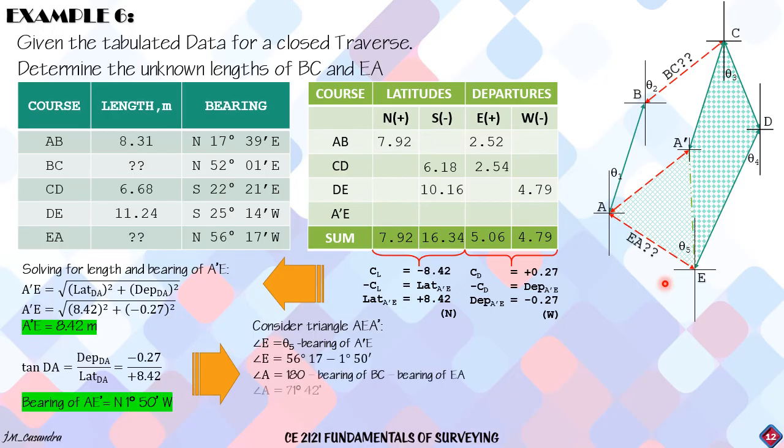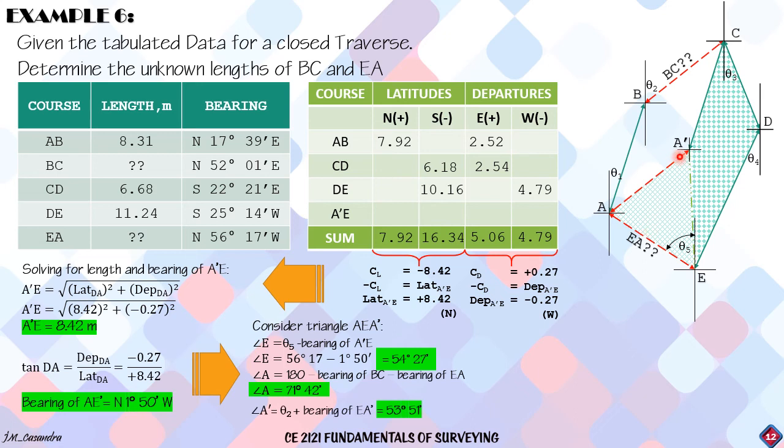So angle E now is equal to 54 degrees 27 minutes, and for angle A, that is now equal to the bearing of BC and the bearing of EA. So angle A now is 71 degrees 42 minutes.